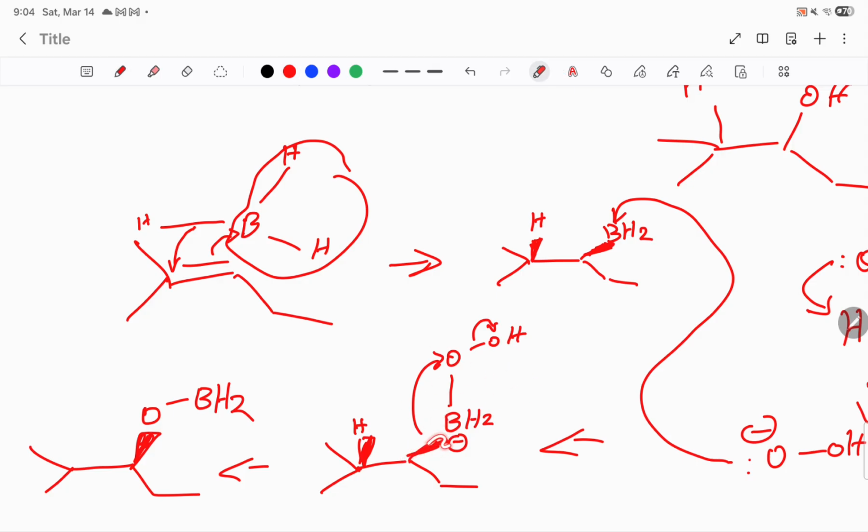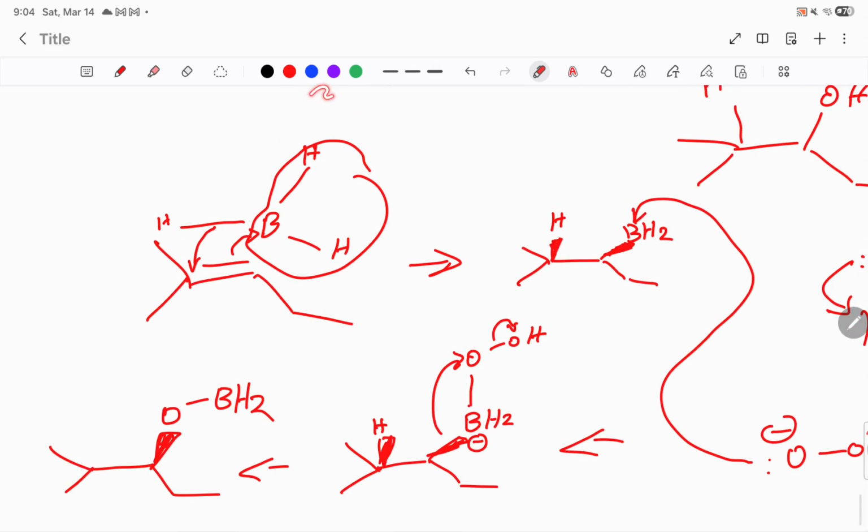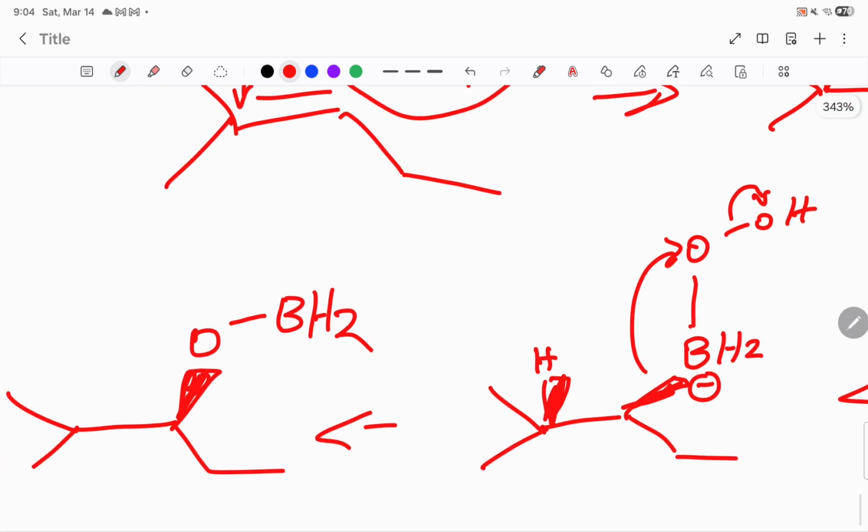We depicted that this bond is going to bind to this, and this is going to leave. And so now we're going to have oxygen bound here with a BH2 bound to our oxygen, and this is now leaving. So that's a shorthand mechanism, but it suffices.